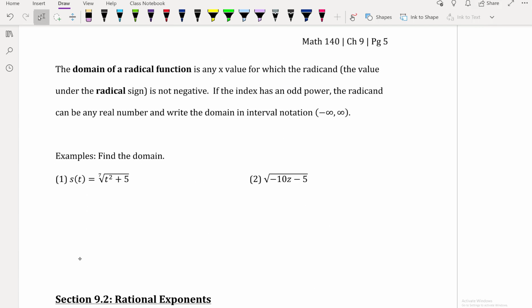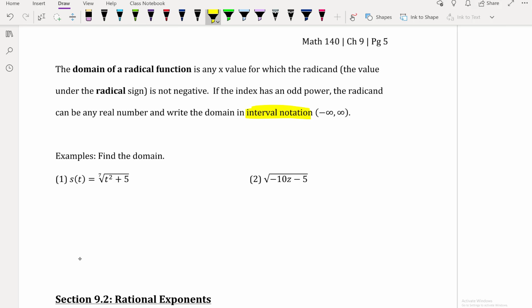Okay, now the next thing we want to think about for section 9.1 is the domain of a radical function. So remember that the domain is always going to be in interval notation. So that interval notation, we've done that before. Remember, it goes from our smallest number to our biggest number.